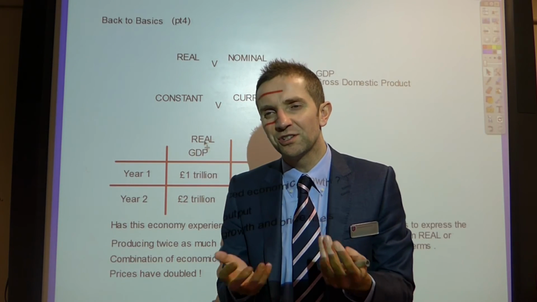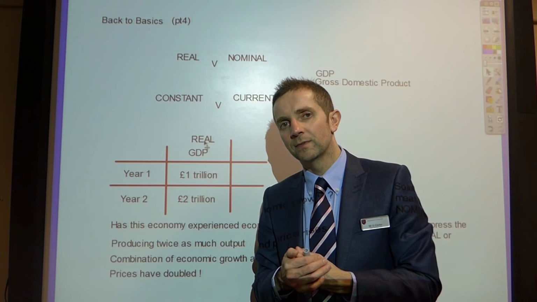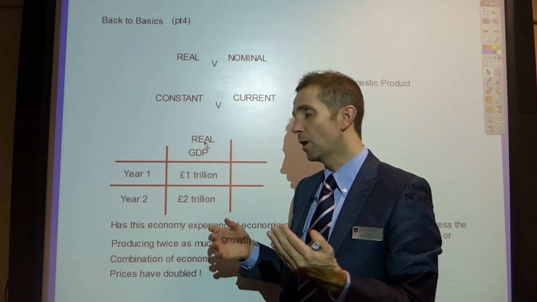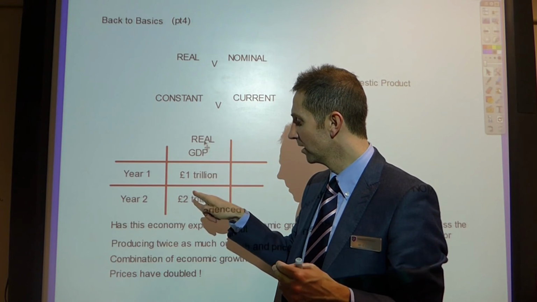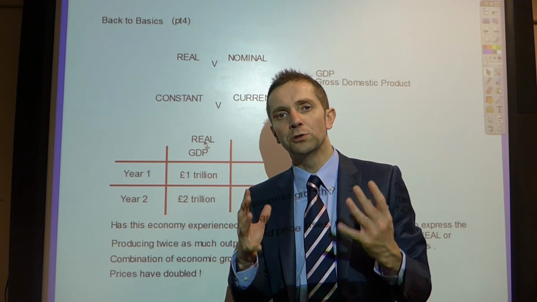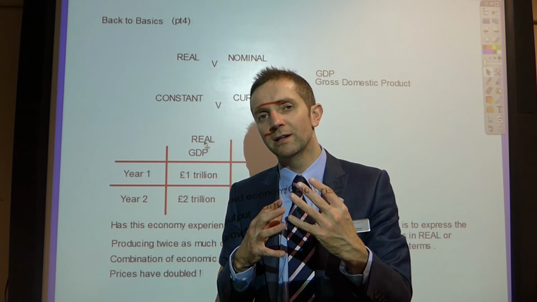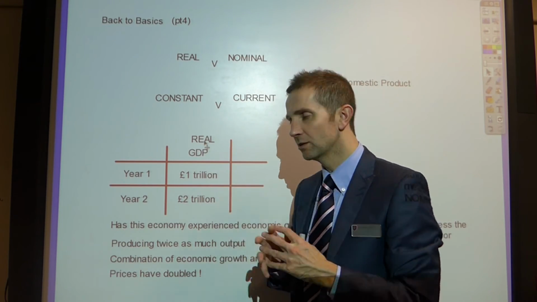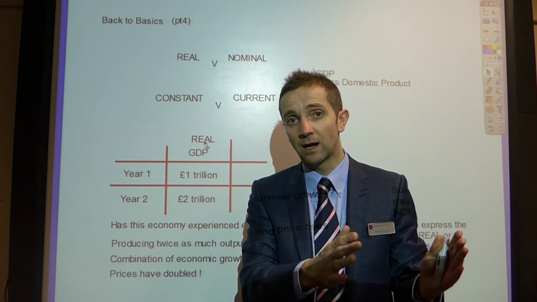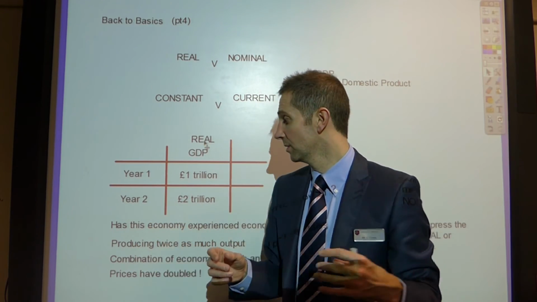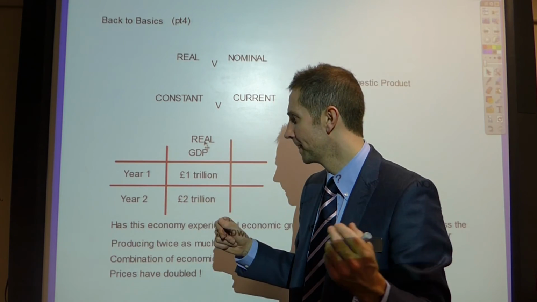I know that inflation is not artificially enhancing the value of the GDP number here, and so I can say with complete certainty and confidence that this movement from here to here is all due to economic growth. So that is why this real GDP figure is so important. We can look at it and we can tell immediately, has there been growth? Has there even been economic contraction? Or not? It's as simple as that.